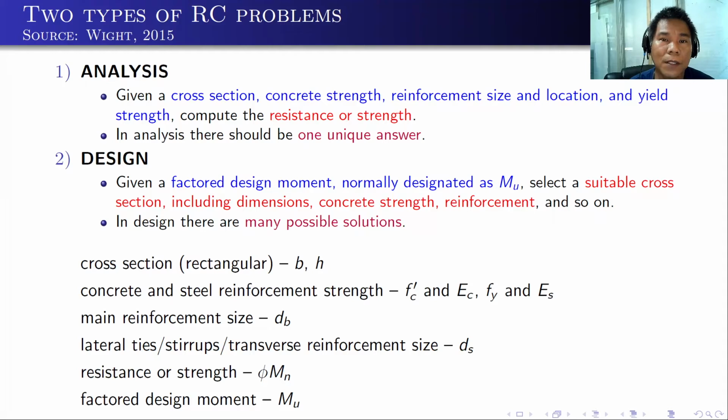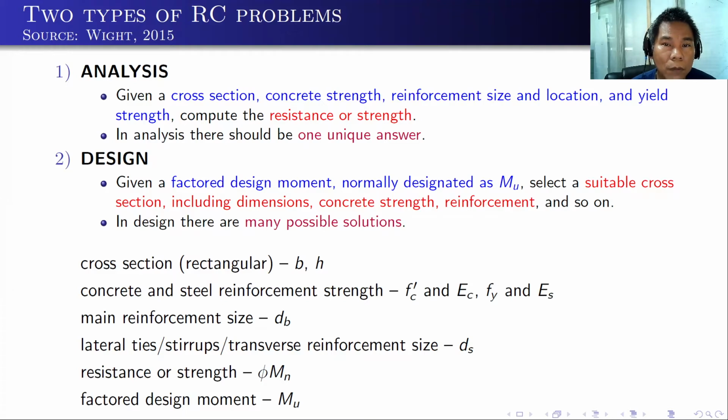Just imagine if you say concrete strength should be 21 megapascal, you will have different dimensions. And also if you say f'c will be 24, then that's another set of solutions. It's not just one solution, but several solutions. So that is why in design, many possible solutions will come out.